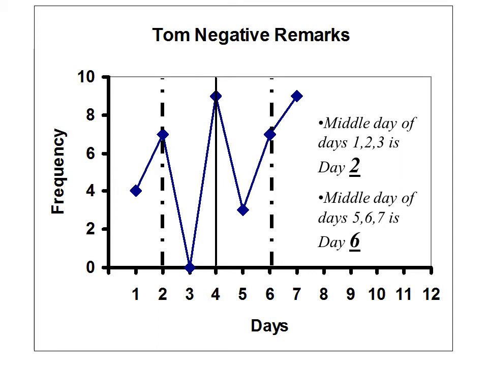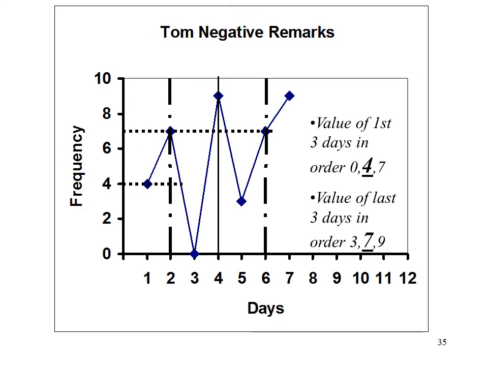The next step is, of course, we find the middle value. So we rule out the lowest and highest score, and we find the middle value for this half. We do the same thing over here. The middle value for this part happens to also be the middle score in terms of days, so that makes that a little easier. Next, we draw the horizontal lines to connect the middle value with the quarter mark.